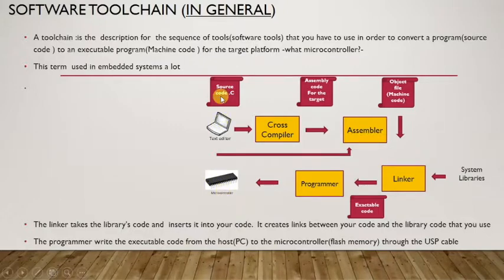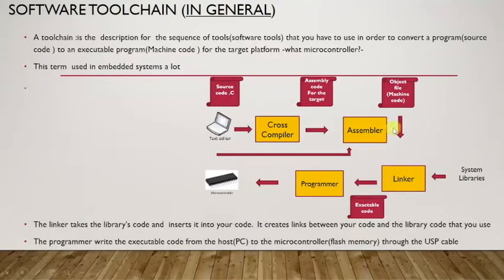Okay, first you write your source code, then cross-compile. As a result of the cross-compile, you will get assembly code. You will use an assembler to convert this assembly code to an object file, which is the machine code for your microcontroller. For example, the machine code for AVR, or the machine code for Intel, or the machine code for ARM processors, and so on.